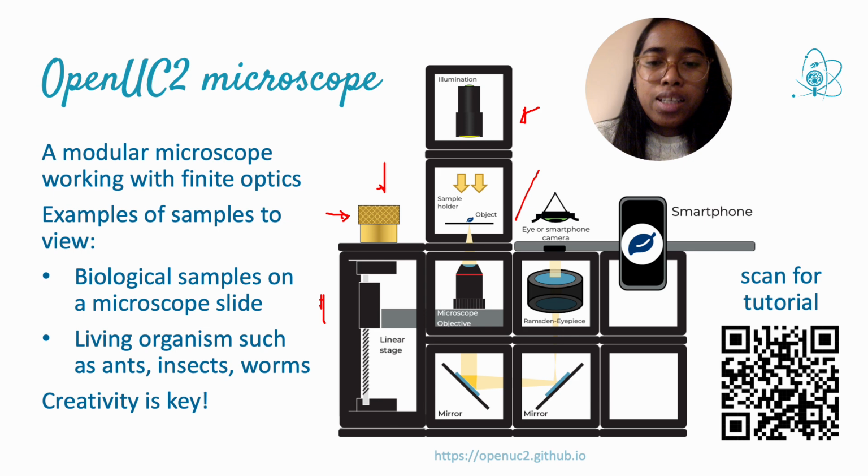Since we are moving in micrometers, there is also a limit to how much you can rotate the knob. So the user needs to be very careful. The facilitator needs to be careful in moving this knob to not break the microscope.